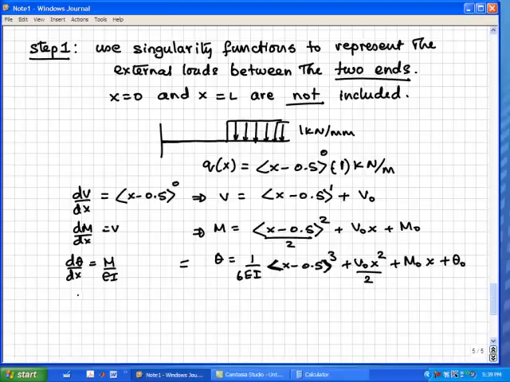And then the last one is dy/dx equal to theta.